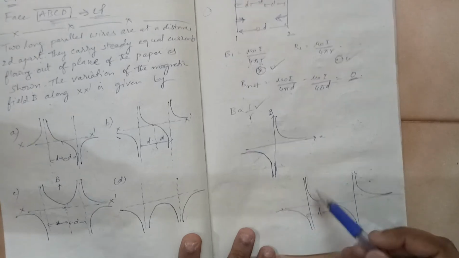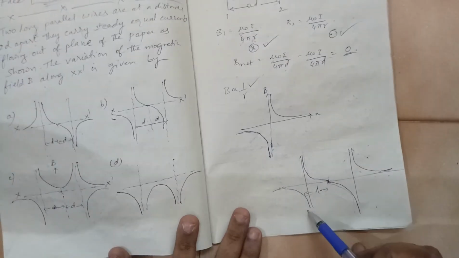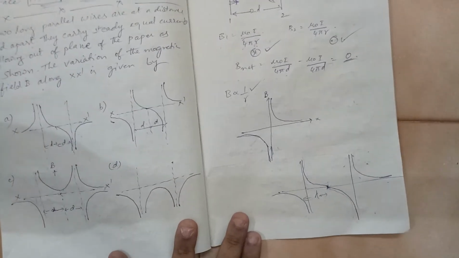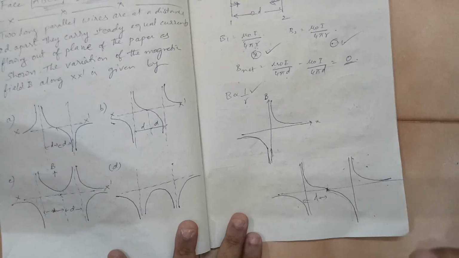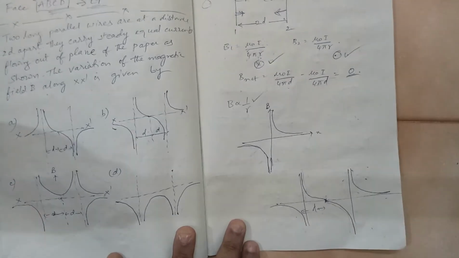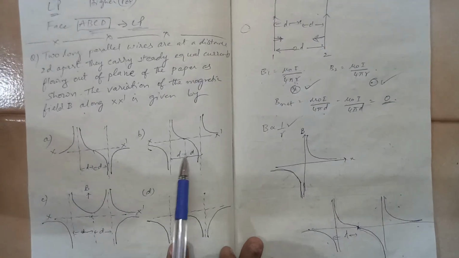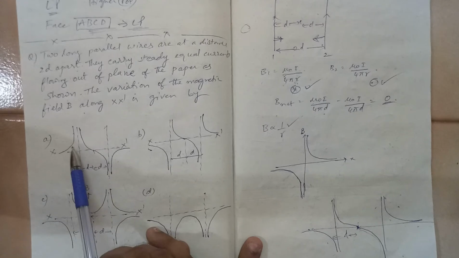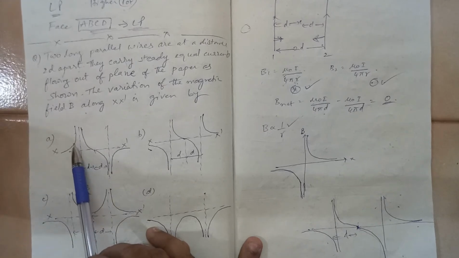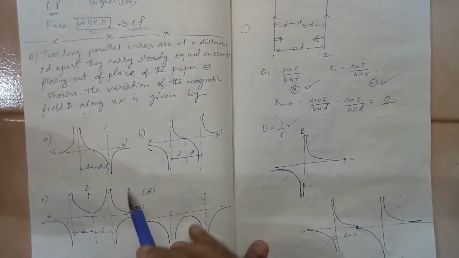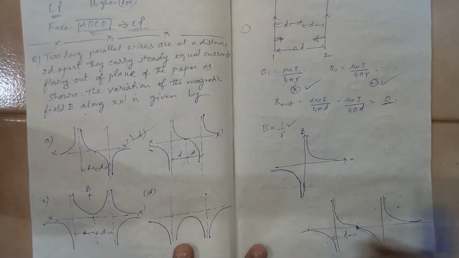So this variation will be like this, and the mirror reflection, as in the case of a hyperbola, will be like this. So we have to see which graph is similar to that. Look at option A and option B. Option A is showing something different here, which is wrong. So option B is the right answer.